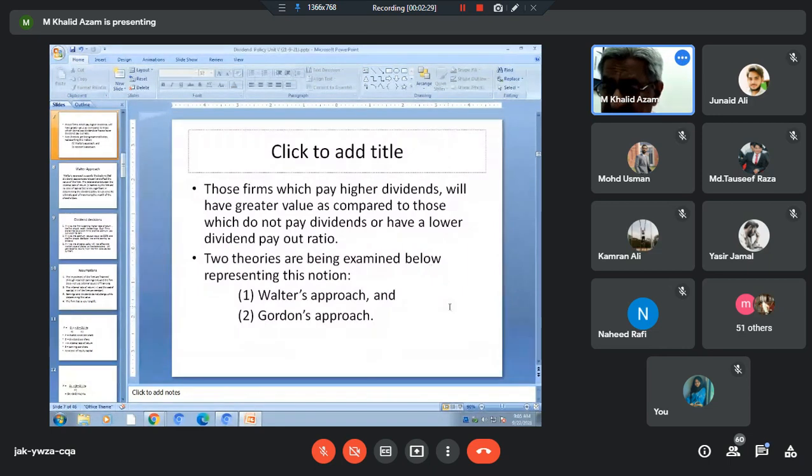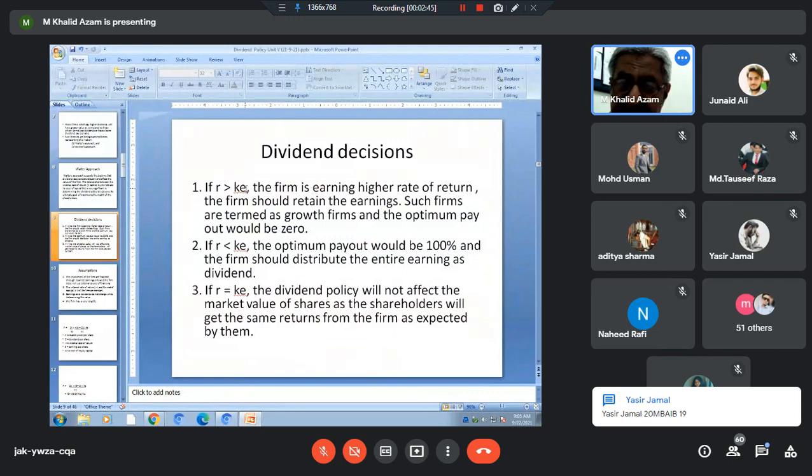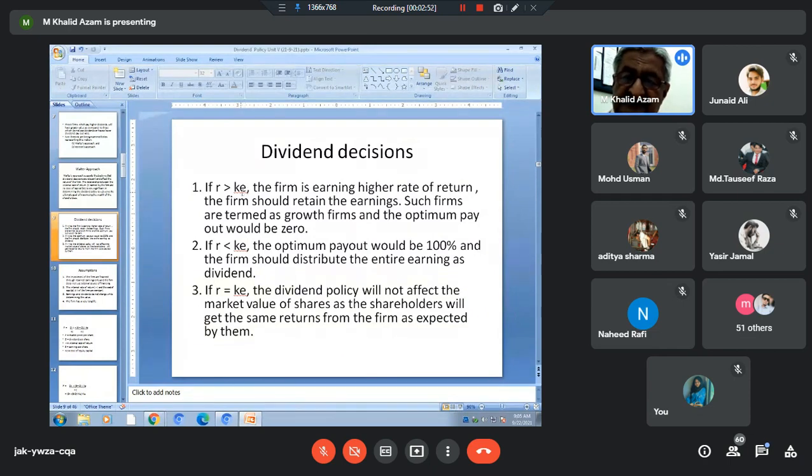So I have come up to this particular stage, where he has identified three types of firms, based on the rate of return and the cost of capital. For cost of capital, you know that we generally use K. It is the cost of equity or cost of capital, so somewhere you will find only K written.